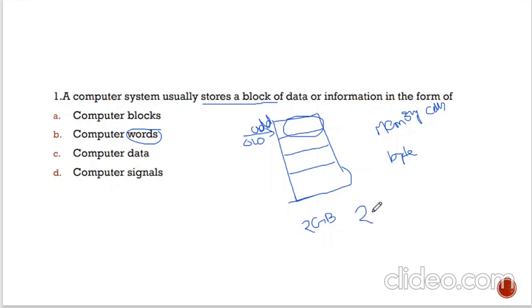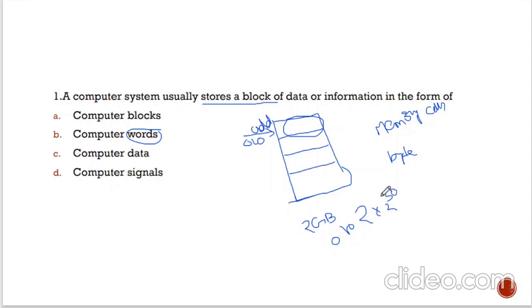It can divide into 2 into 2 power 30 memory cells, ranging from 0 to 2 into 2 power 30, that is 2 power 31 we can say. That is some large number of cells.